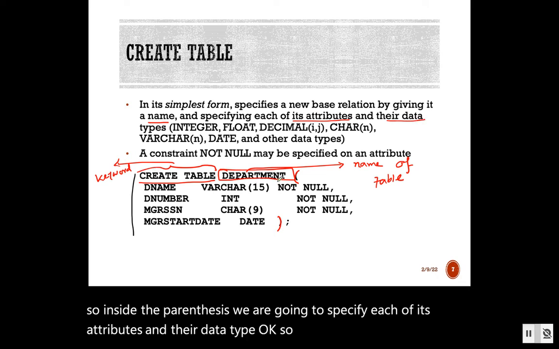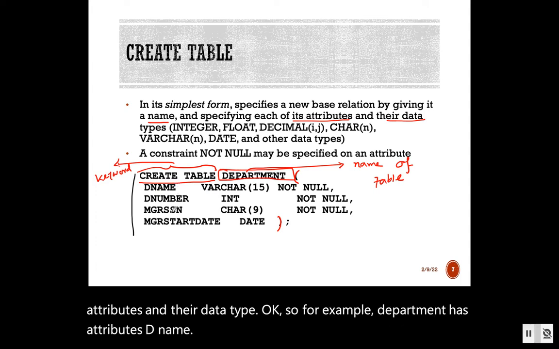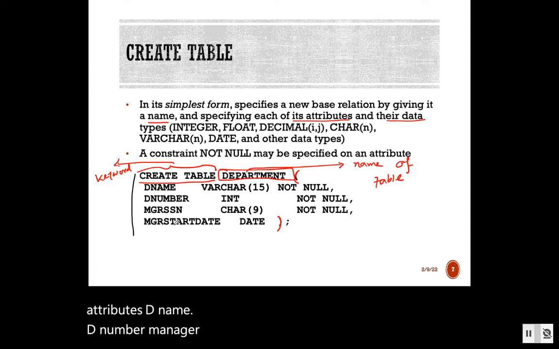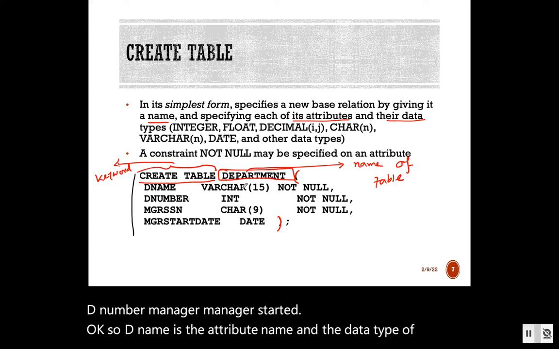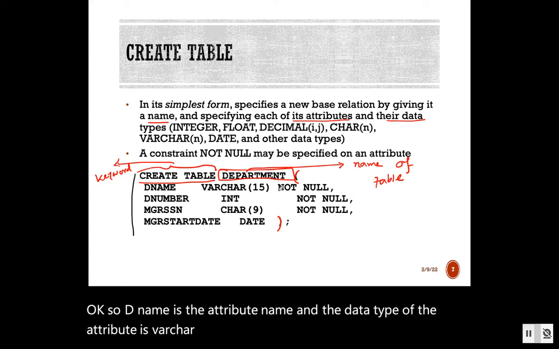For example, department has attributes dname, dnumber, manager SSN, manager start date. So dname is the attribute name, the data type of the attribute is varchar 15, and this one is not null, a constraint.